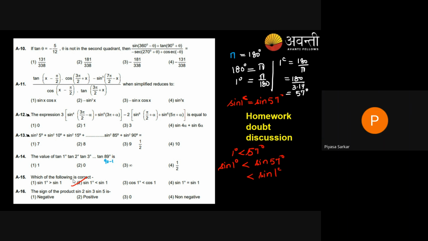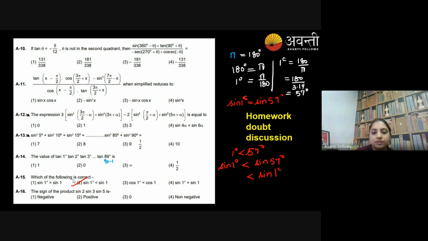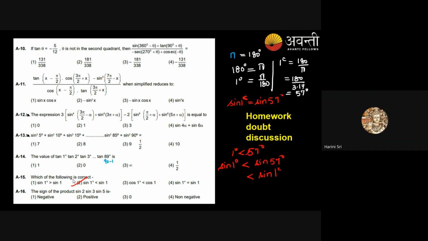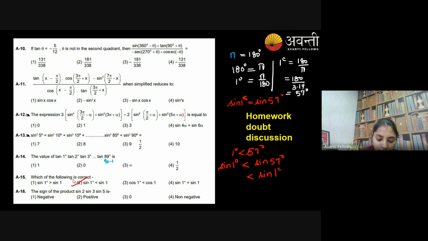Ma'am, the 16. Okay. The product sine 2, sine 3, sine 5. What does it mean? Anyone who attempted?